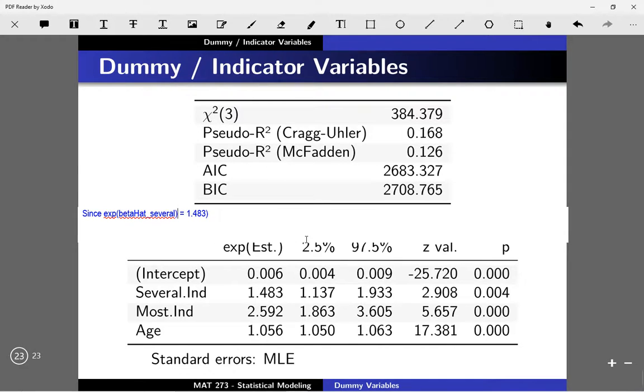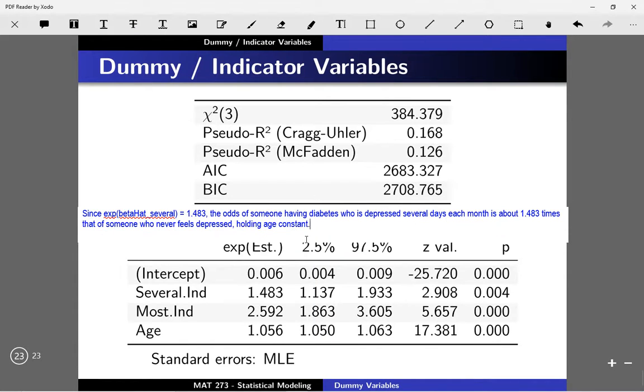The odds of someone having diabetes who is depressed several days each month is about 1.483 times that of someone who never was depressed, holding age constant.